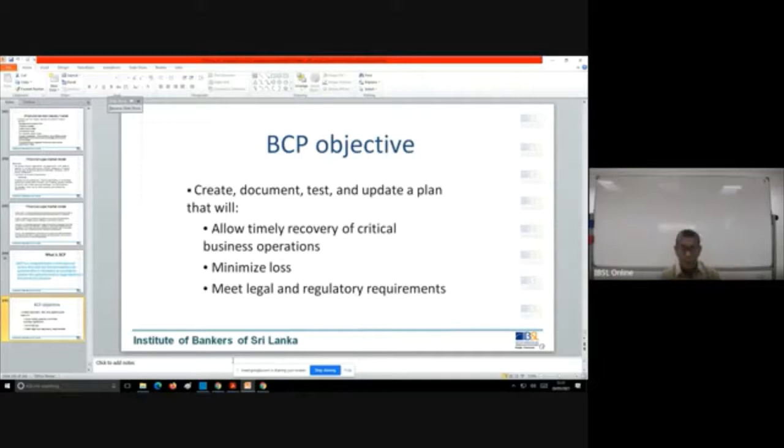As I explained in your notes, it is a comprehensive written plan of action that sets out the procedures and systems necessary to continue or restore the operation of an organization in the event of a disaster. They may also ask you to discuss the significance of BCP under strategic circumstances like COVID-19. It's a very good question to be asked during your exam.